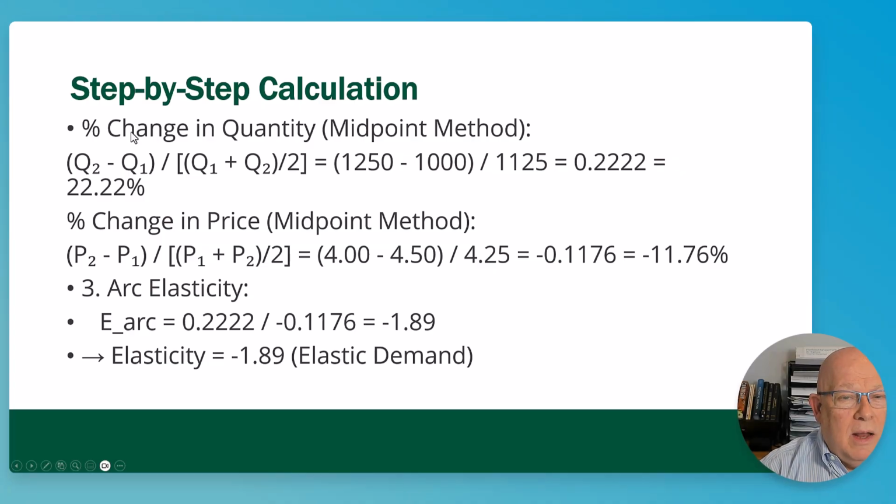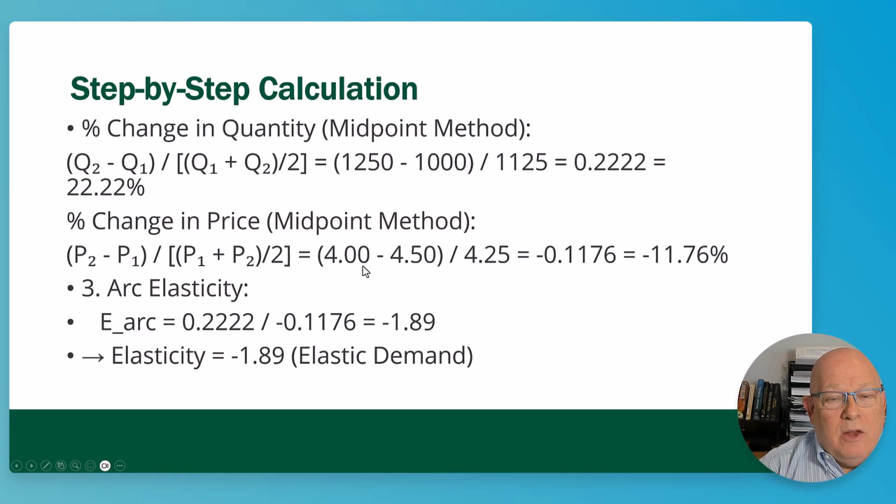So we basically can take the percentage change in quantity and divide it by the percentage change in price. And that gives us an estimate of the elasticity. If we look at the change in quantity, we went from 1,000 to 1,250. So we had an increase in the quantity divided by the average of those 2 points gives us 0.22 or 22%.